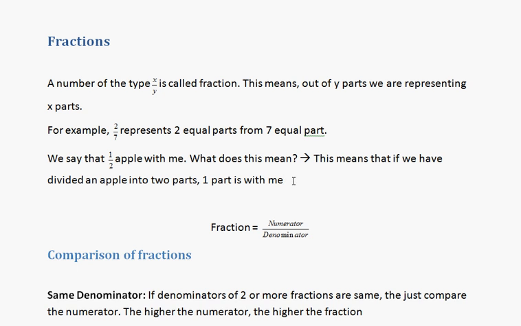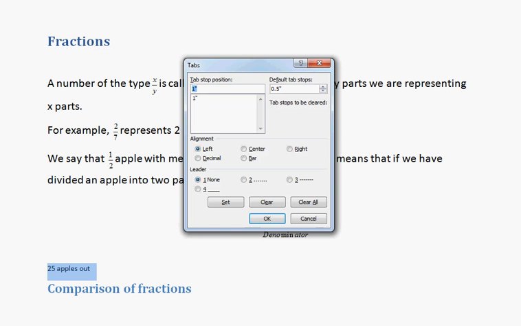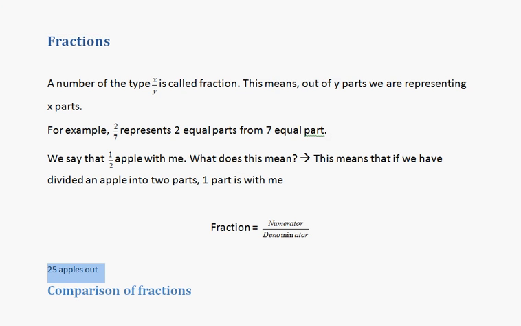So if I say that I have 25 apples out of 30, this means I have 25 by 30 of the apples, which means we can reduce this.